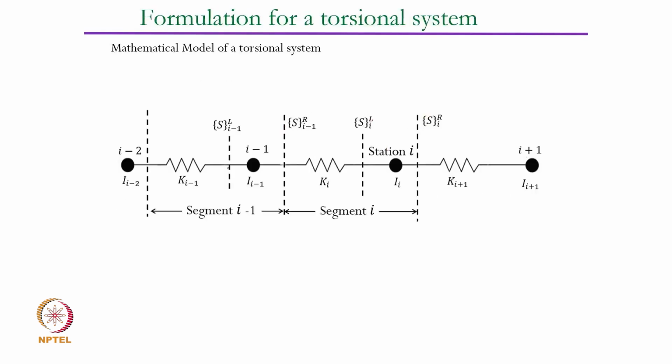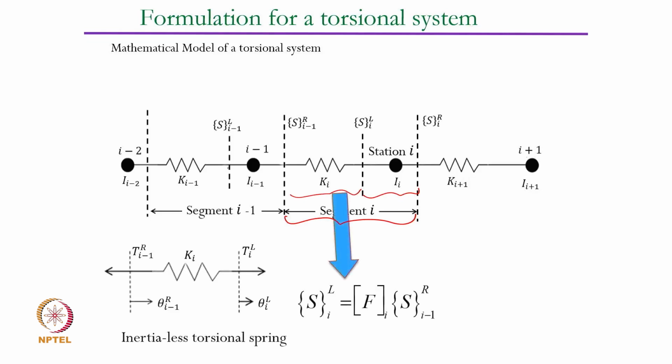Now what we have is that our segment was this segment, which we subdivided into the inertia part and the stiffness part, and then we got the relationship between this state vector and this state vector through a matrix called the field matrix, and therefore SLi was related to SRi minus 1 through this field matrix.